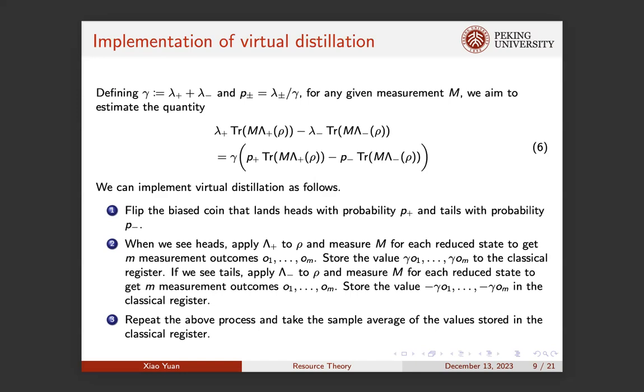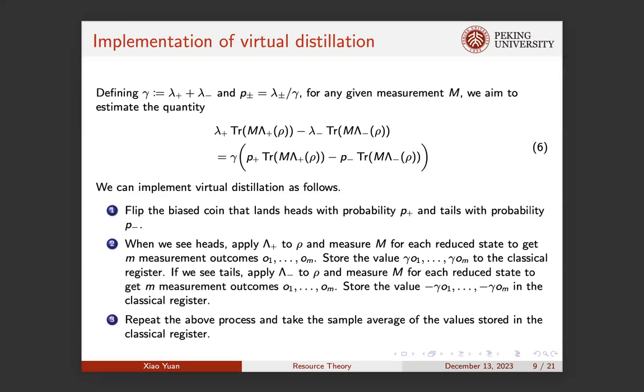So basically, in experiments, we can first flip a biased coin with probability p plus. We do this part, and with probability p minus, we do this part.